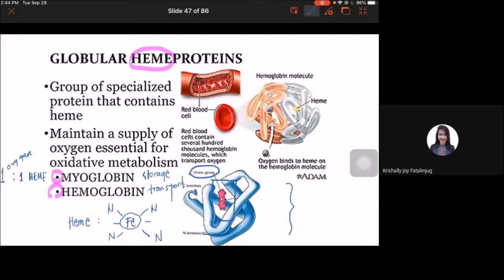Now, what did I tell you about hemoglobin? Ano ba yung tawag sa quaternary structure niya? Diba, tetrameric siya na protein. Tetrameric protein yung hemoglobin. Mind you class, meron siyang apat na heme sa isang structure ng hemoglobin. So do the math.